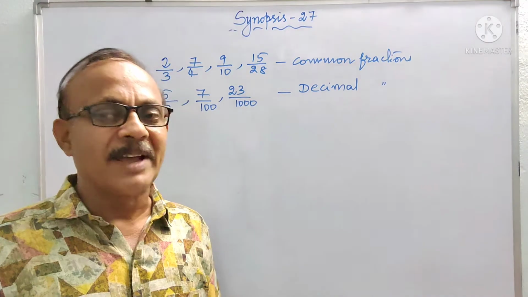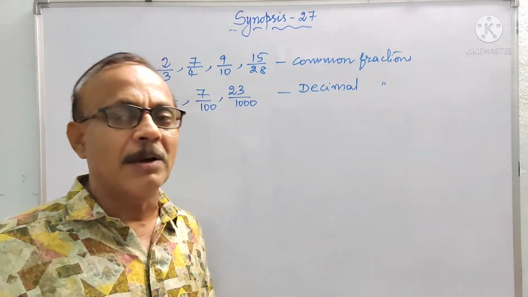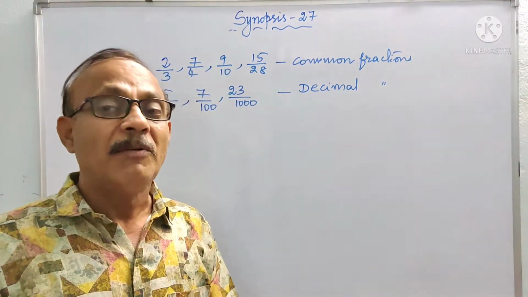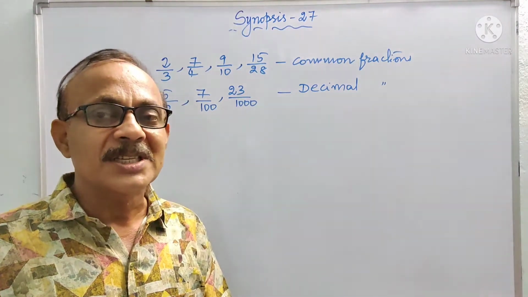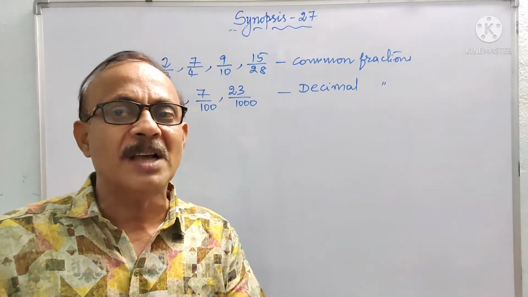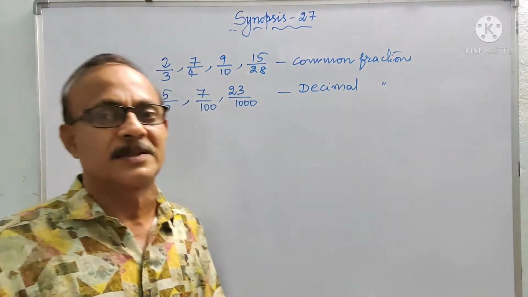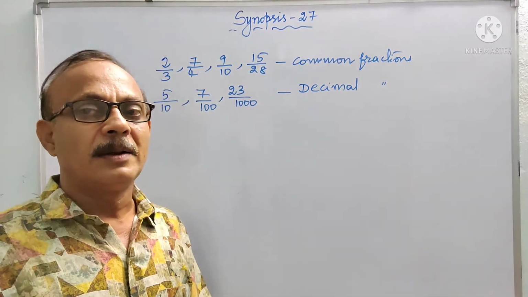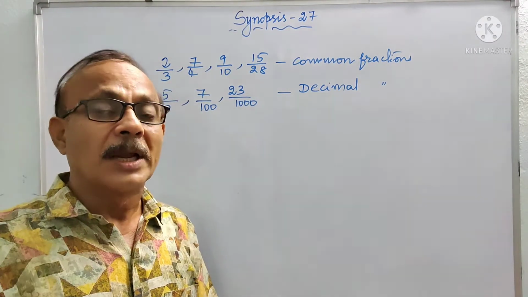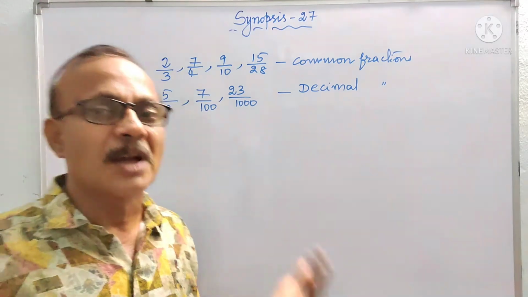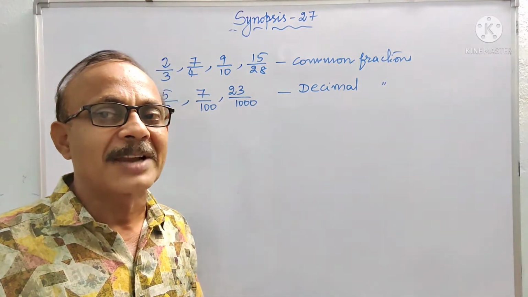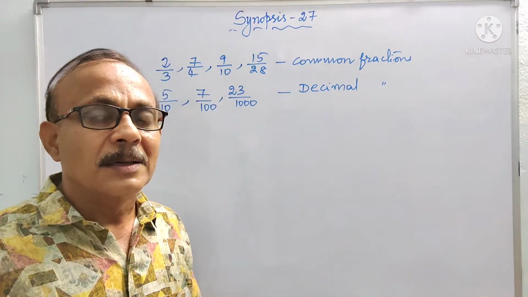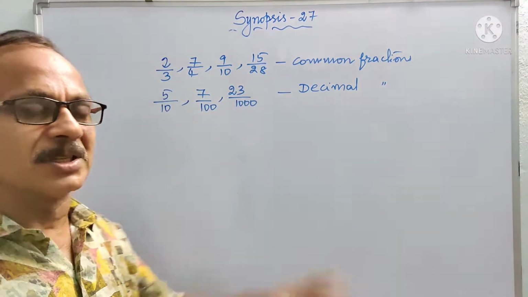It can be 7 or 8 or 10 or 100, whereas decimal fractions can have only powers of 10 as denominators. That is why you can call all decimal fractions common fractions, but you can't call all common fractions decimal fractions.